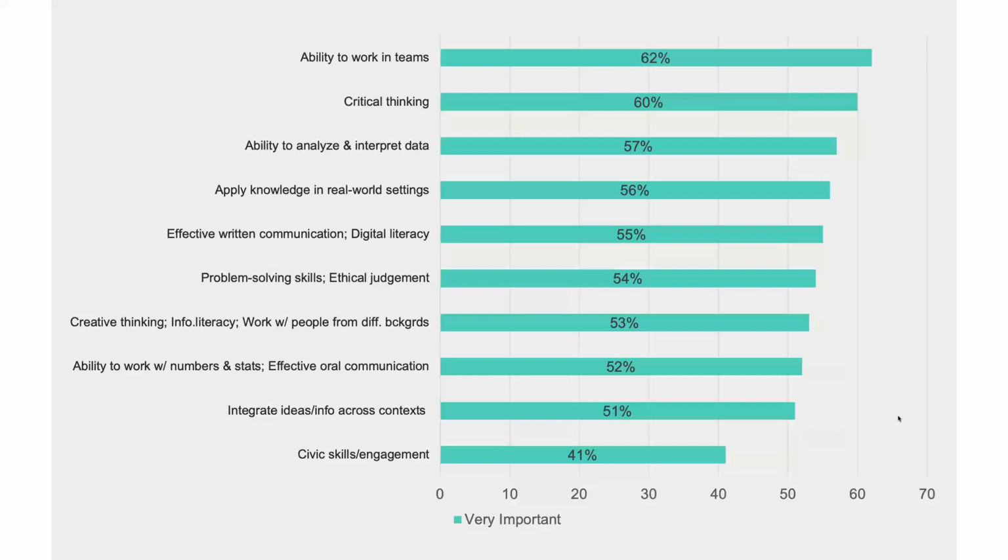Perennially, critical thinking is always right there near the top as well. The ability to analyze and interpret data is third on the list of very important skills. The ability to apply knowledge in real-world settings was fourth on the list. So the full report has a much longer list and rates all of them, but you can see teamwork and critical thinking is at the top of the list.